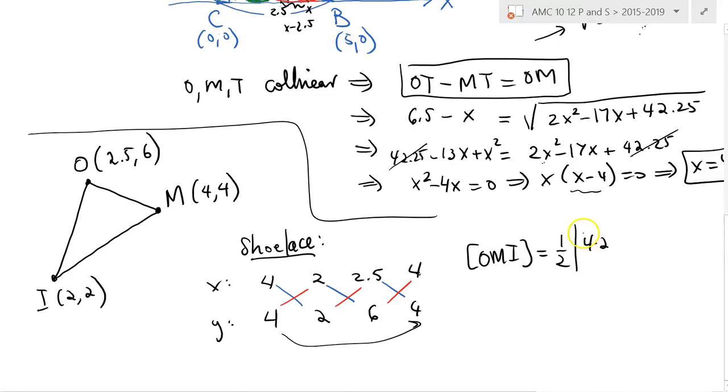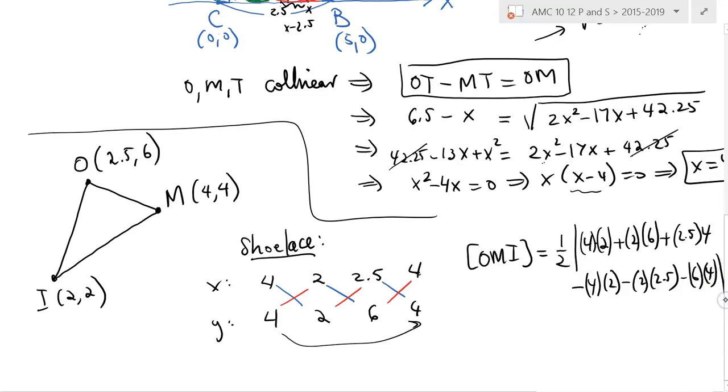So 4 times 2, plus 2 times 6, plus 2.5 times 4, minus 4 times 2, the red ones, 2 times 2.5, 2 times 2.5, and finally 6 times 4. Well, I guess this one will come out negative for sure. Good that we kept the absolute value, right? So that whole thing is just equal to 1/2.